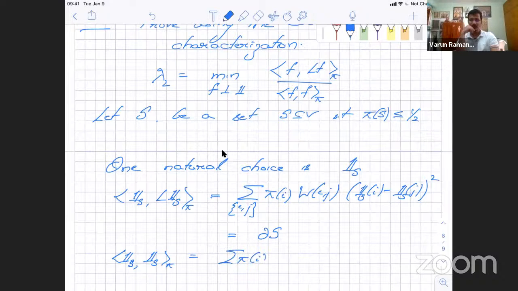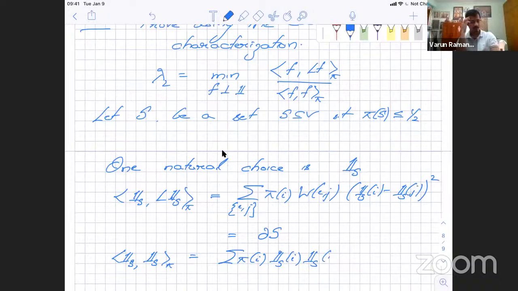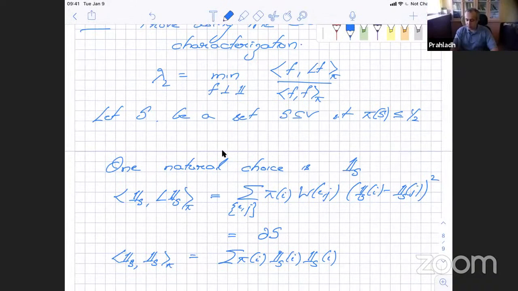In the inner product, this is just the sum of pi of i times 1S of i, so this is just pi of S. So in fact, this ratio is exactly the ratio we care for. The numerator is dou of S, the denominator is pi of S, which is the degree of S.